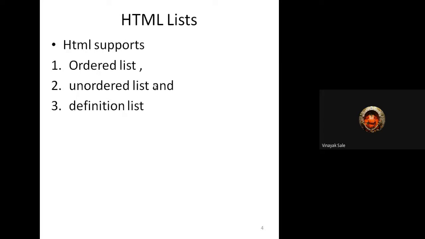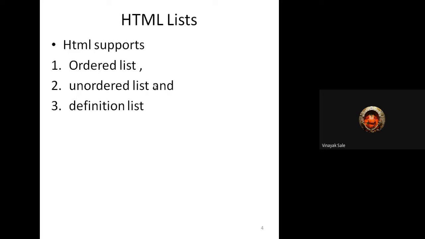When you want to purchase some things from the supermarket, you prepare a list of which things you want to purchase. The number of elements arranged in a sequence.